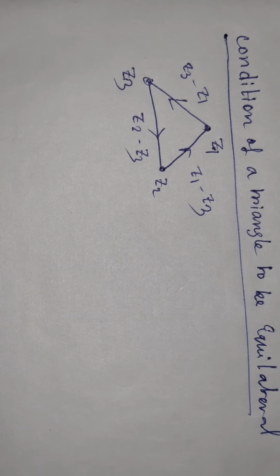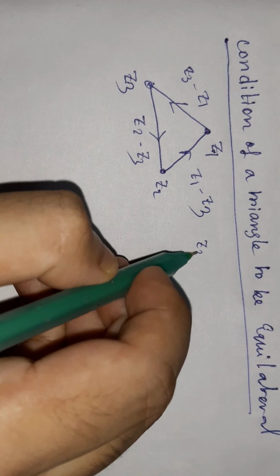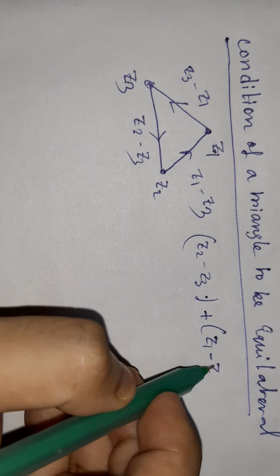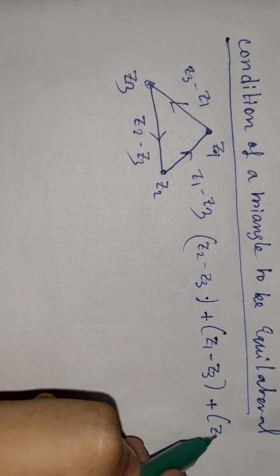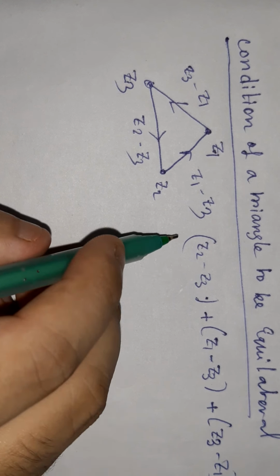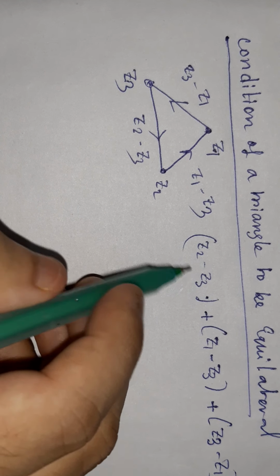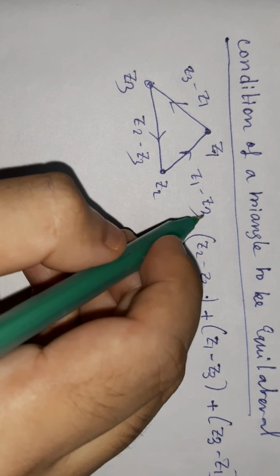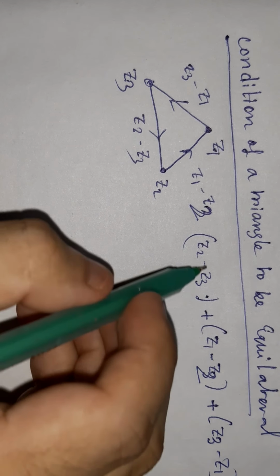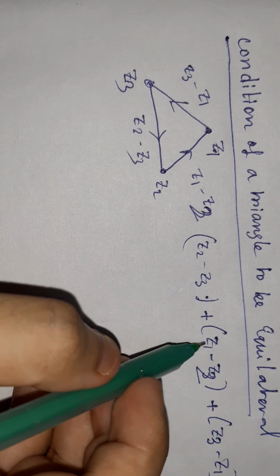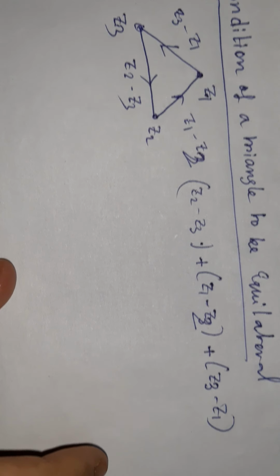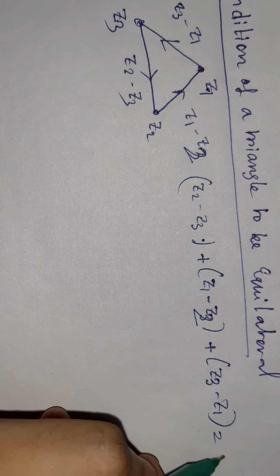If we add these three vectors, z2 minus z3 plus z1 minus z2 plus z3 minus z1, the terms cancel out and the sum equals 0.